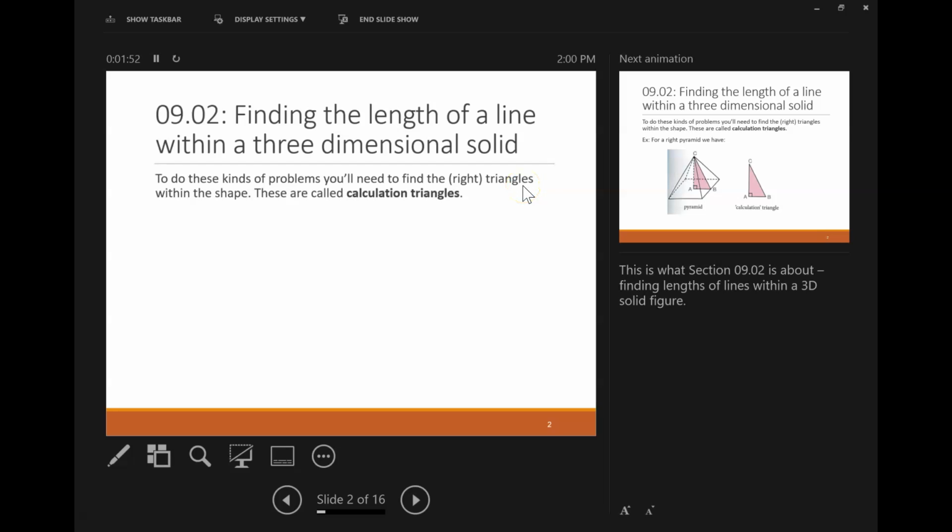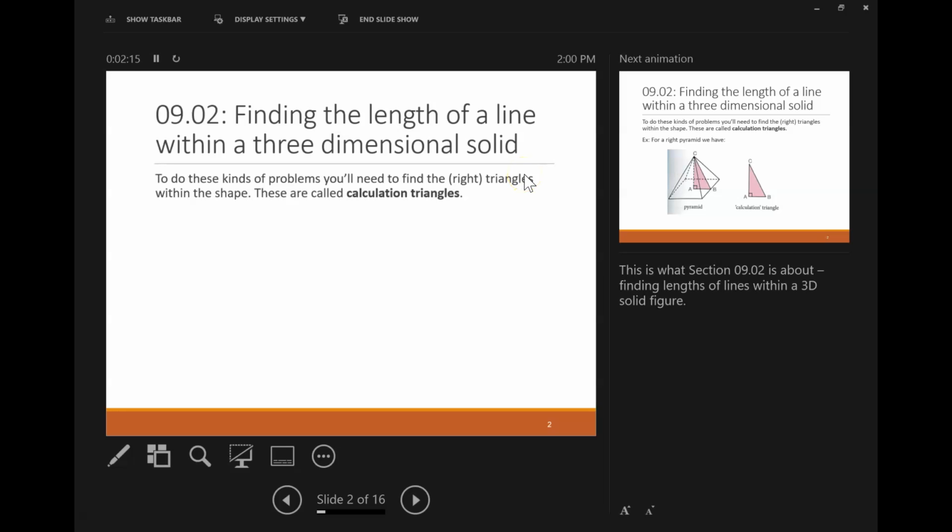So really what becomes the trickiest part of this chapter is finding the right calculation triangle to use inside of these figures. All the calculation is quite easy, and quite clear in comparison, in terms of how you would do the solving.